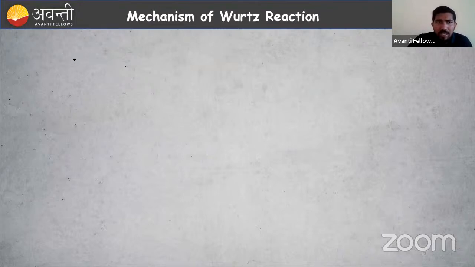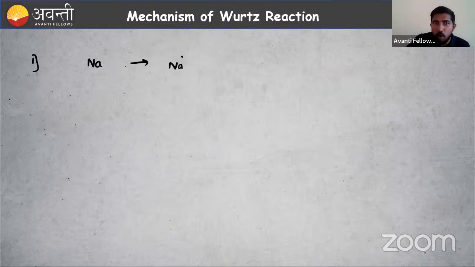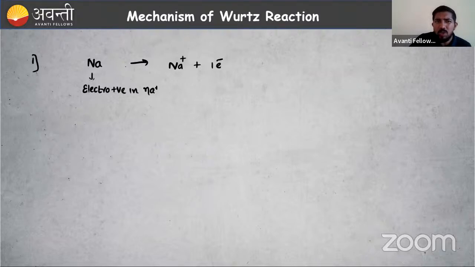First I am taking sodium. What about sodium? It is a metal. Metals are generally electropositive in nature. So sodium gives 1 electron, Na plus 1 electron. They are ready to give electron to other species.